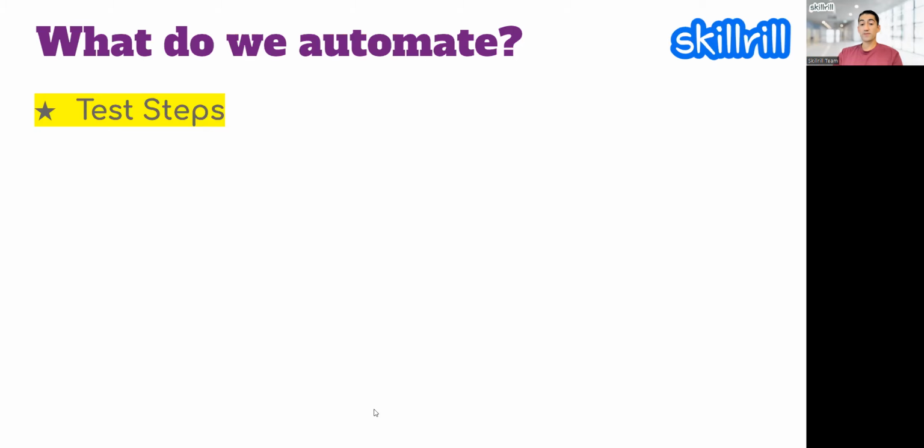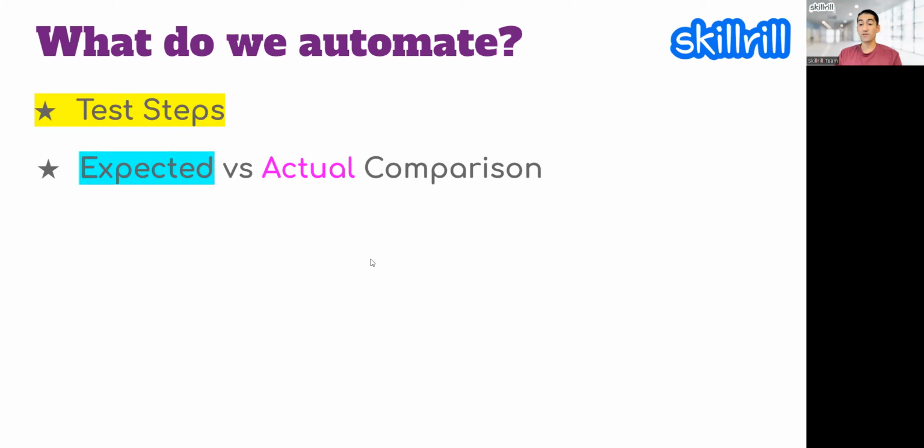Make sense? That's what we call regression testing. And regression testing nowadays is always covered by automated testing. Okay, so regression test cases have to be converted from manual into automation.